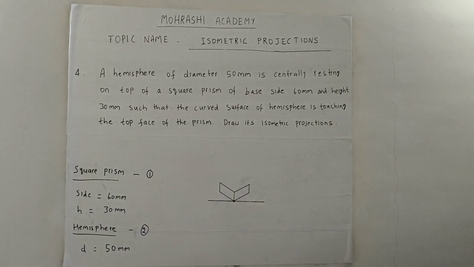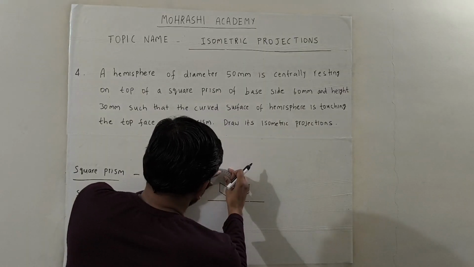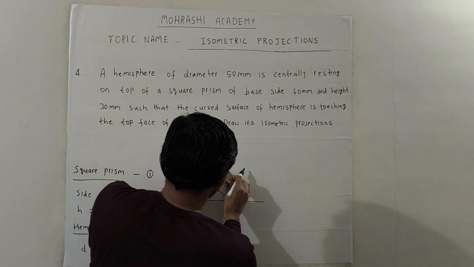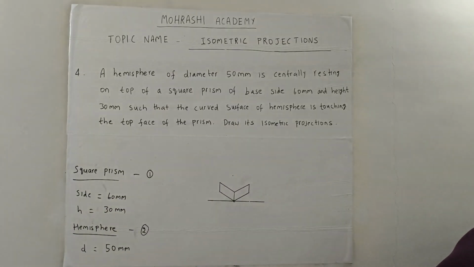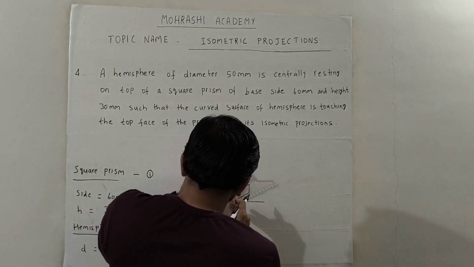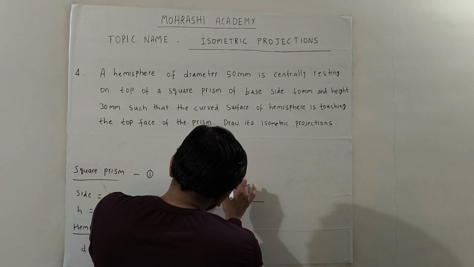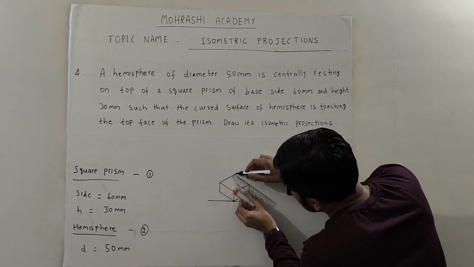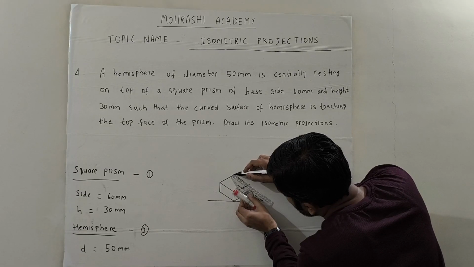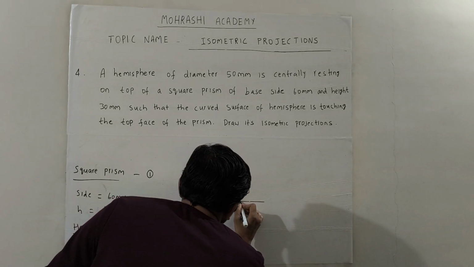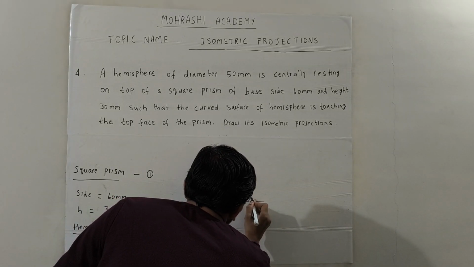Again see, keep the protractor here like this. Again measure 30 degree. Again I have to draw the 60 mm, 30 degree line. Again here to 30 degree I measured. Again 60 mm. Again complete this one. And this is 30 degree.